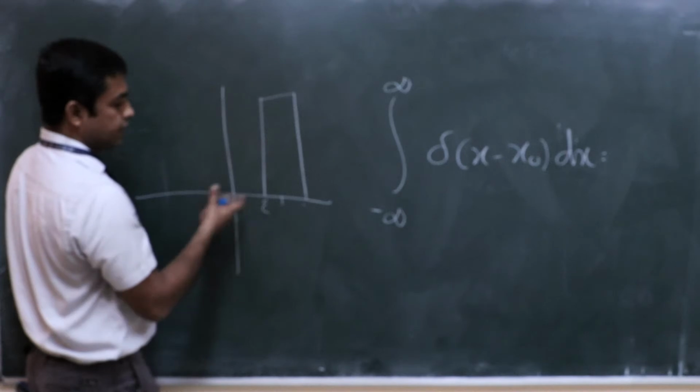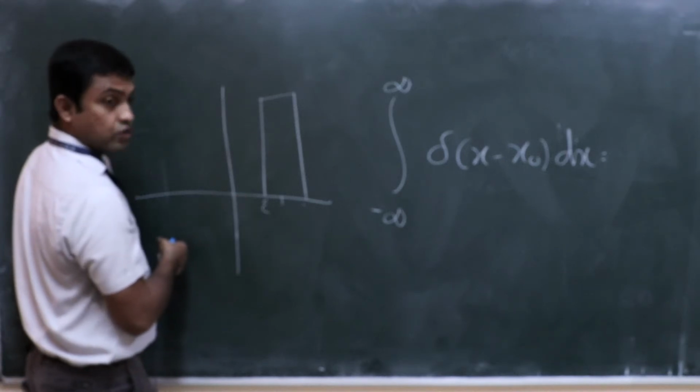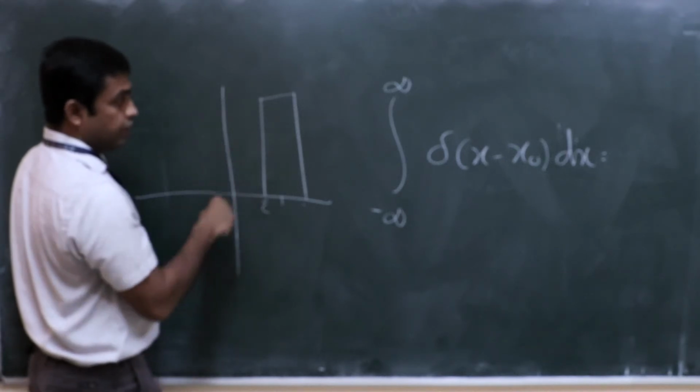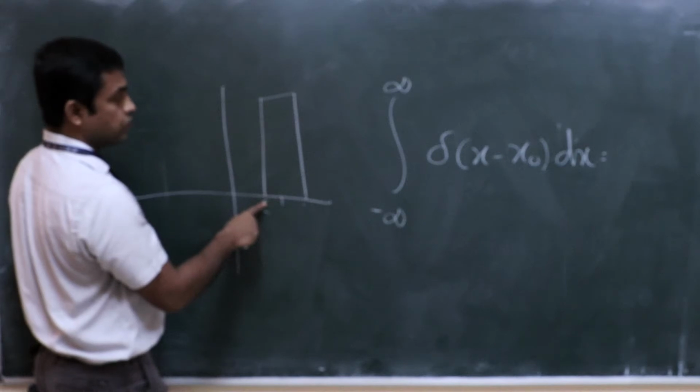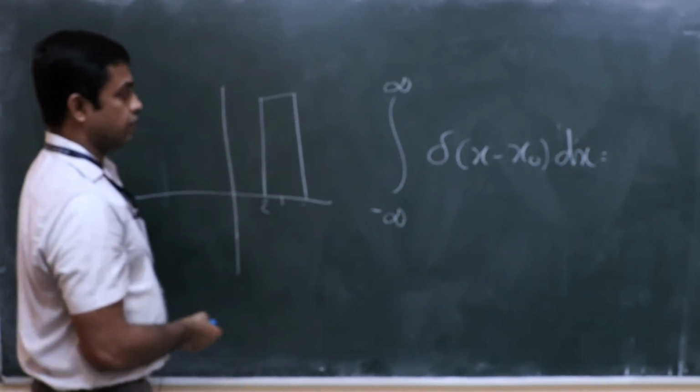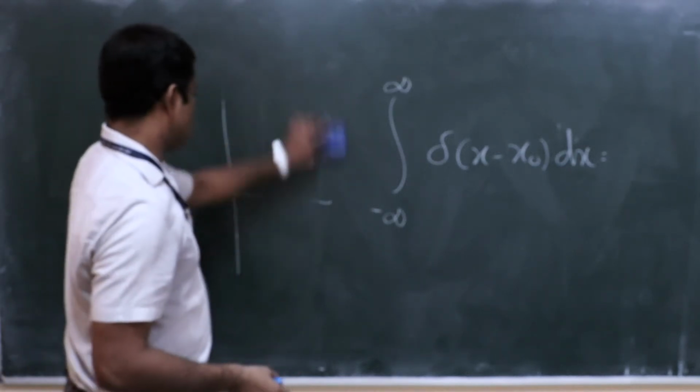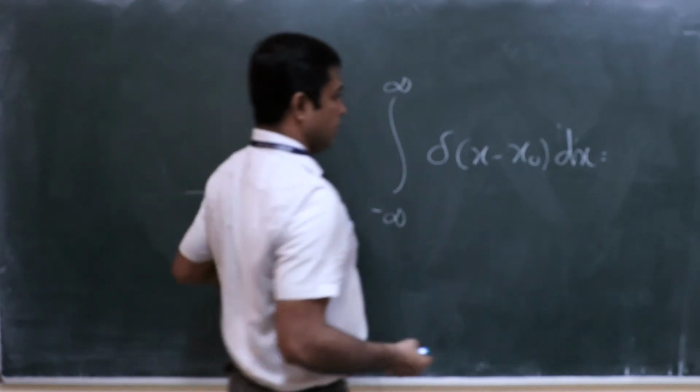So when epsilon tends to 0, the area under that curve will be equal to 1.